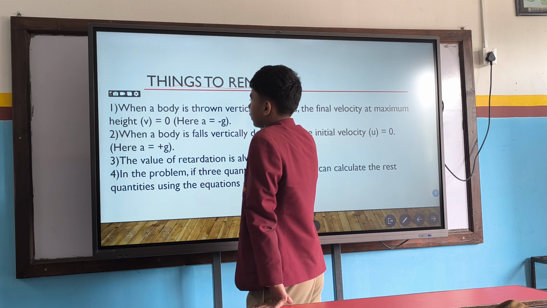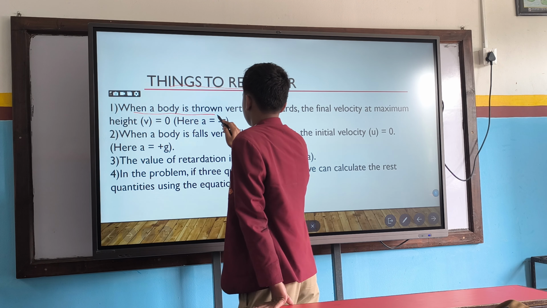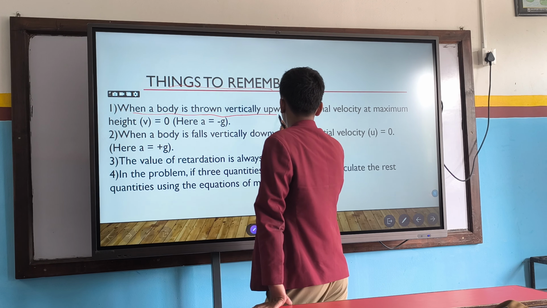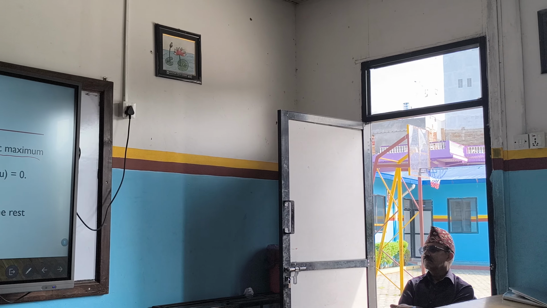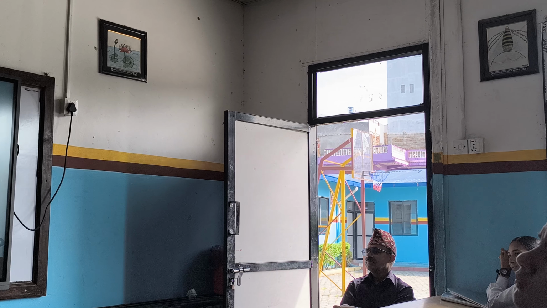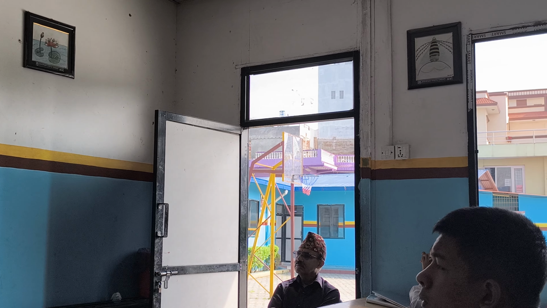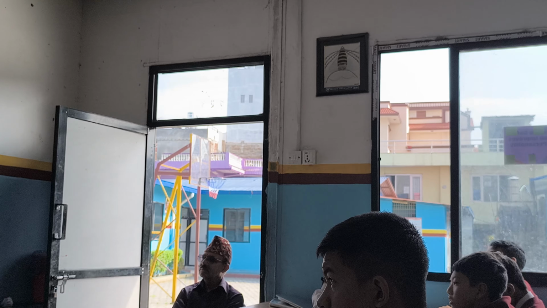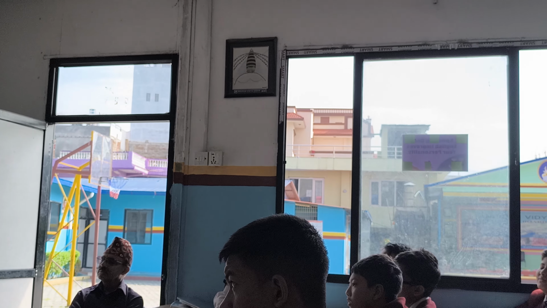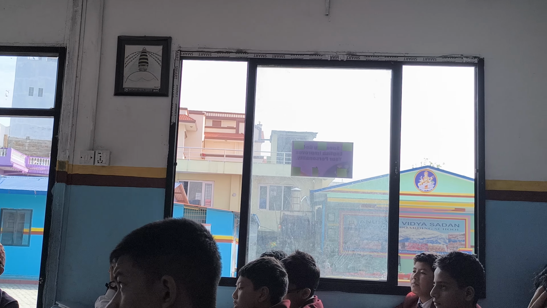Things to remember: when a body is thrown vertically upwards, the final velocity at the maximum height v equals 0. Here a equals minus g. When a body falls vertically downwards, the initial velocity u equals 0.